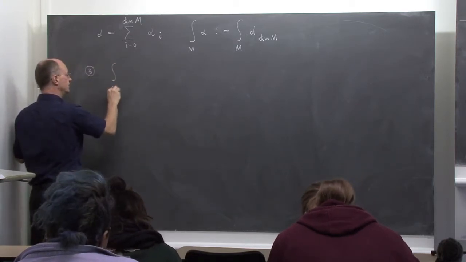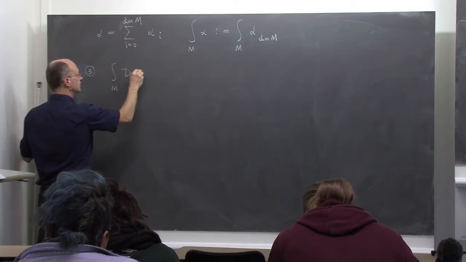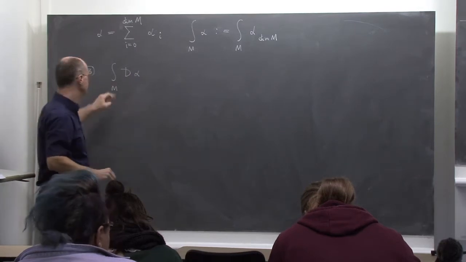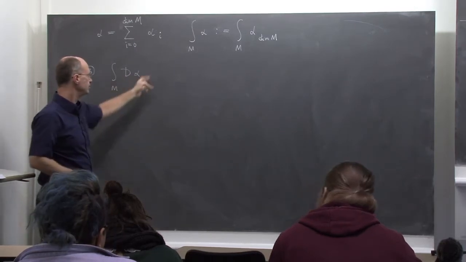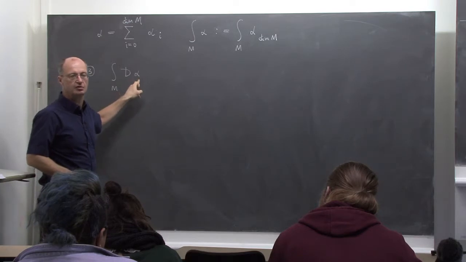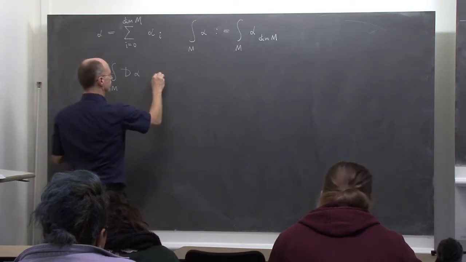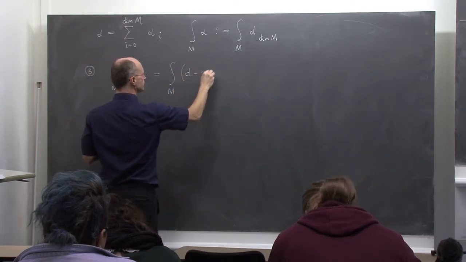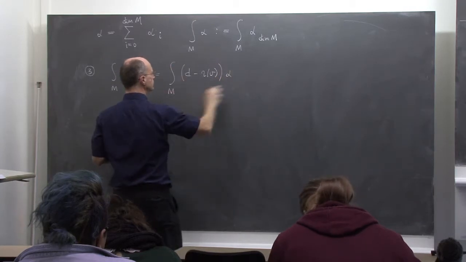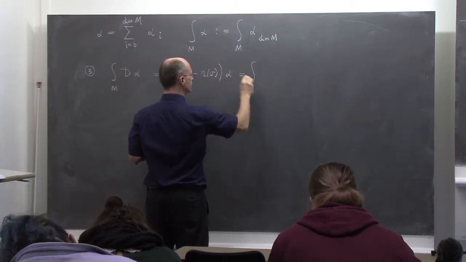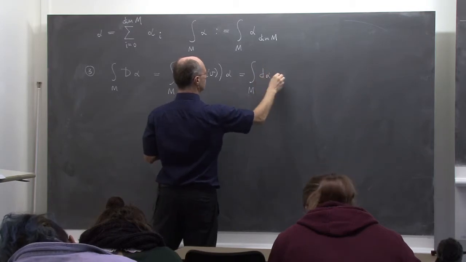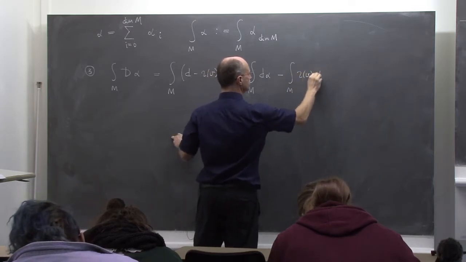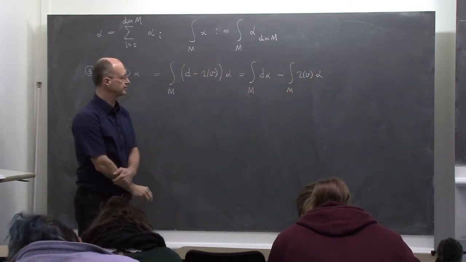So we would like to integrate over M D of some form of mixed degree alpha. Well, in general, this will be a form of mixed degree, even if alpha only had one component. So this will be the integral over M of (d minus iota_v) alpha. And this is equal to the integral of d alpha minus the integral of iota_v alpha. Right.